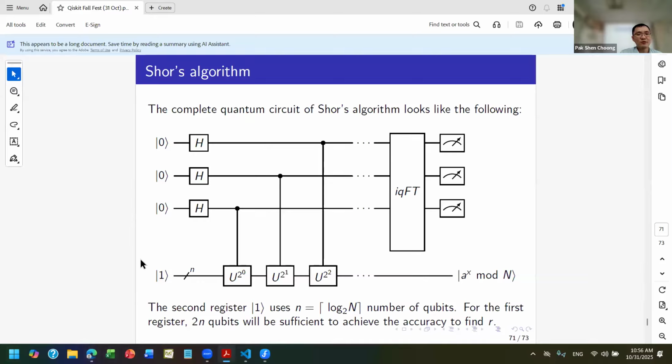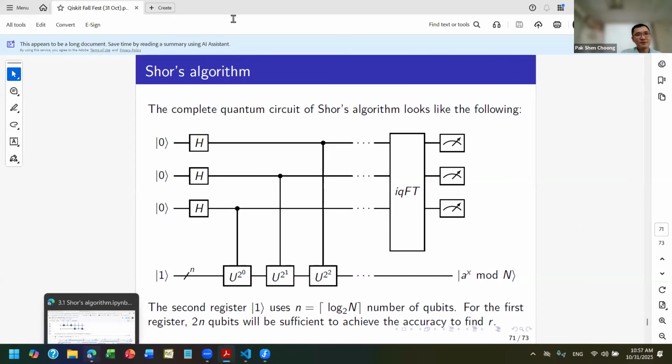Remember, just now I also mentioned for 15, n is equal to 4. So you need 4 qubits. And if you want to receive the kind of precision that you want, it's recommended for you to have 2n qubits on top.